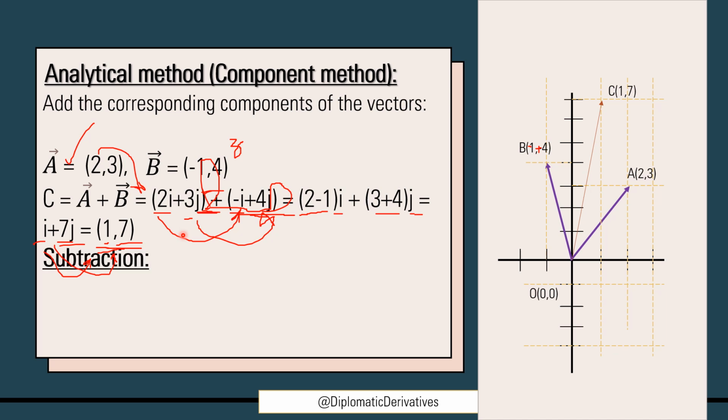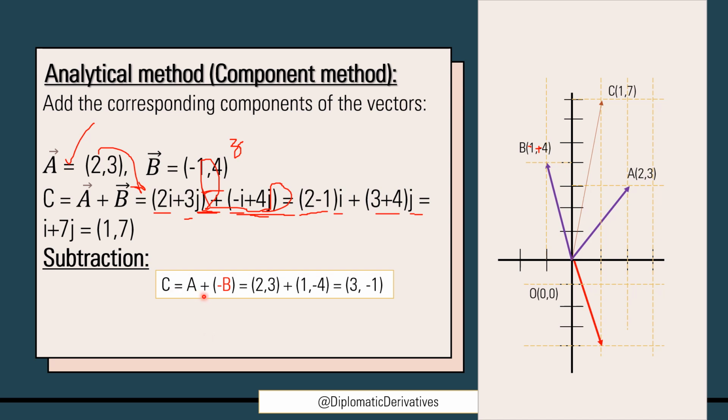Now subtraction has just one slight difference, which is a change in direction. So what you do is C is equal to A plus minus B. What is this minus B? Minus B is the change in direction of B. The magnitude of B remains the same, the only difference is that direction changes.